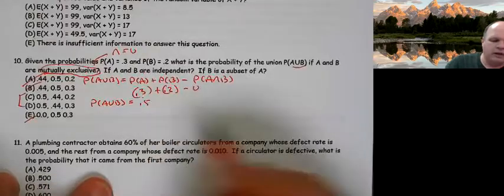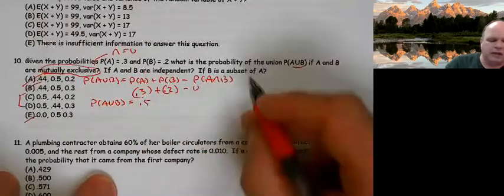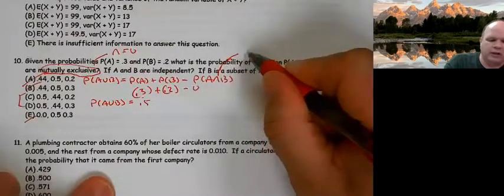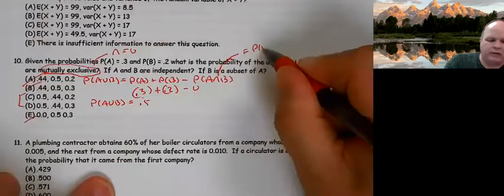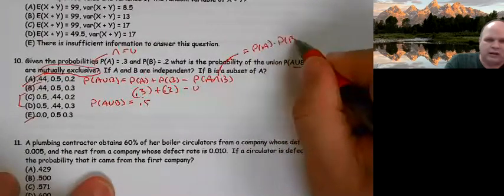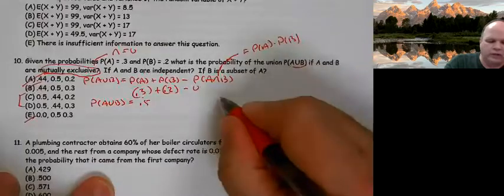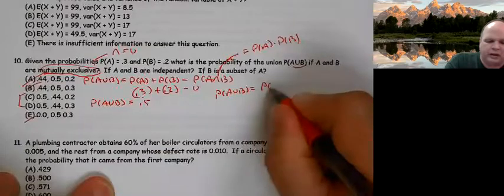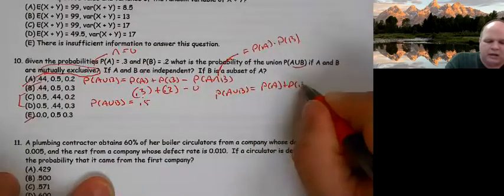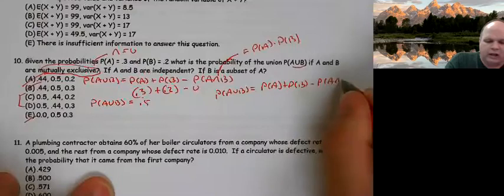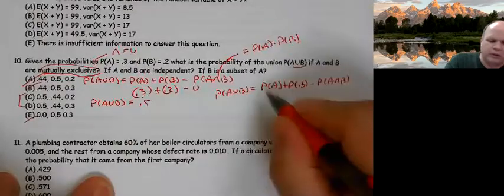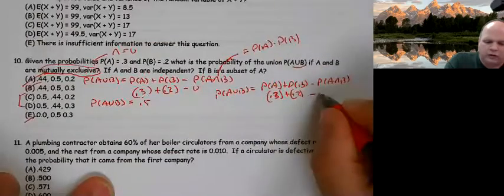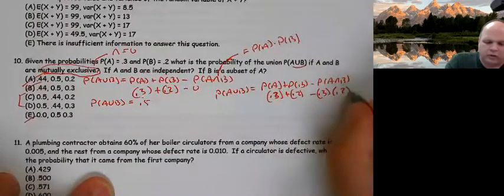All right, then working with independent, if they're independent, then the intersection equals the probability of A times the probability of B. So in this case, probability of A union B equals the probability of A plus the probability of B minus the probability of A and B. So once again, 0.3 plus 0.2 minus 0.3 times 0.2.